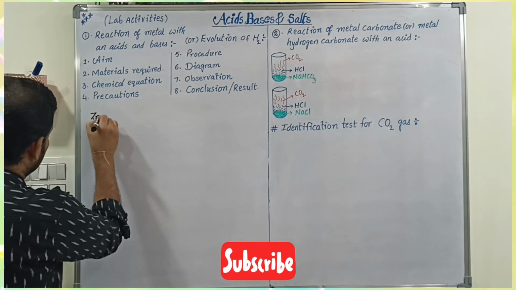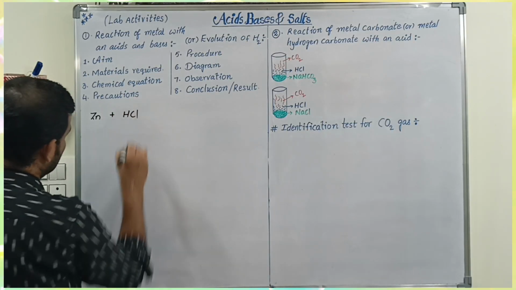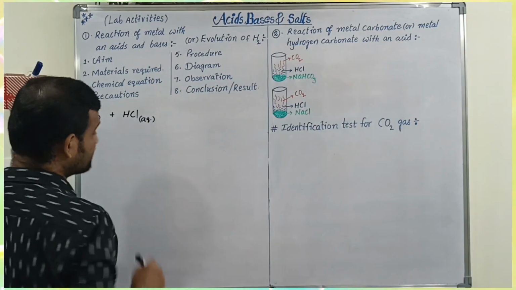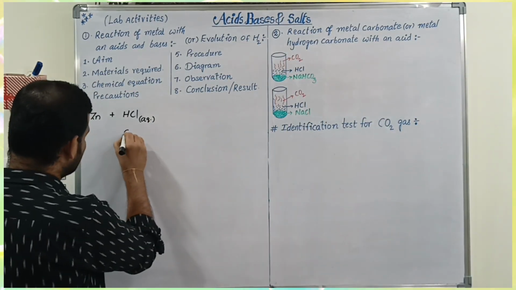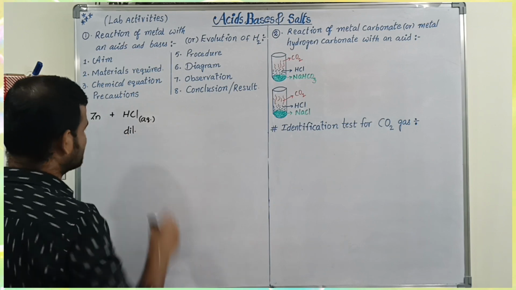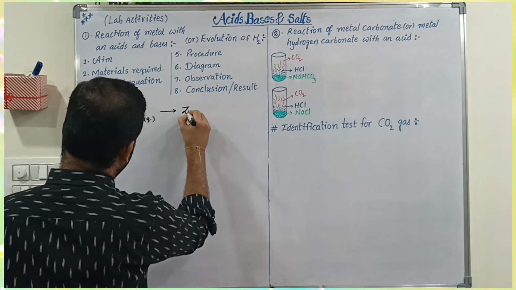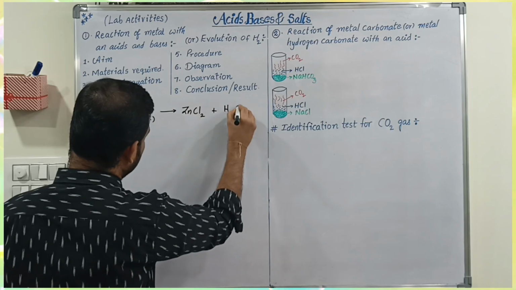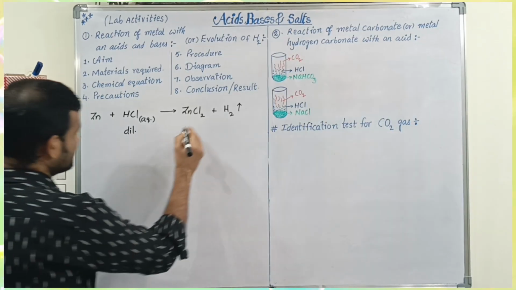Here zinc reacts with HCl, hydrochloric acid. It is aqueous, meaning it is diluted with water, so it is called dilute HCl. Then zinc chloride is formed and hydrogen gas is liberated.